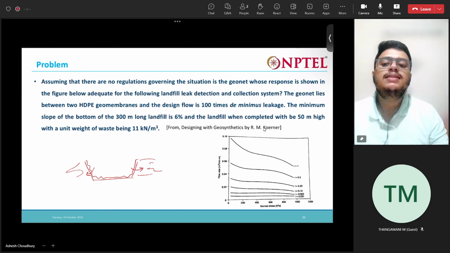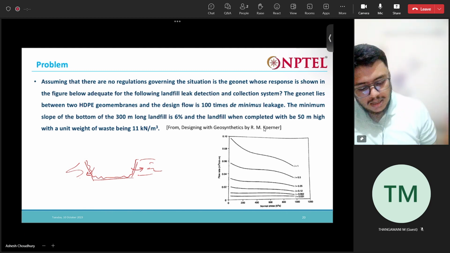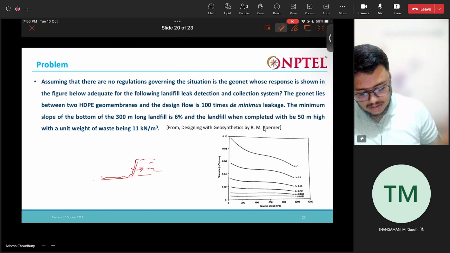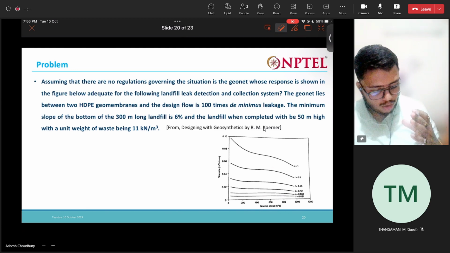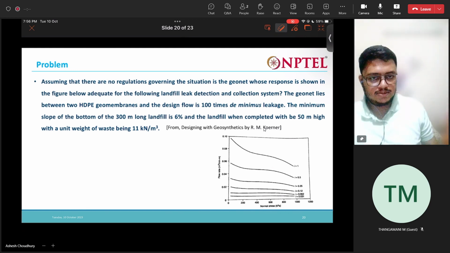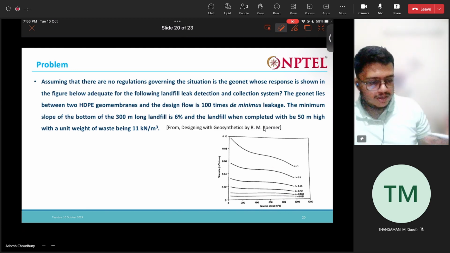Now we have to design this system such that the maximum flow that should occur into the drains is 100 times that value. Both of them are actually unrelated, just to get the value they have given it like that.